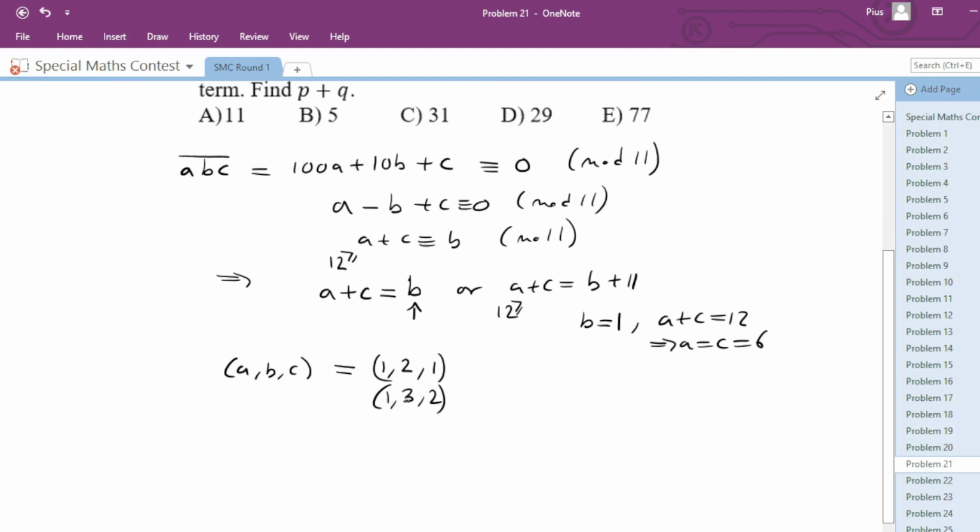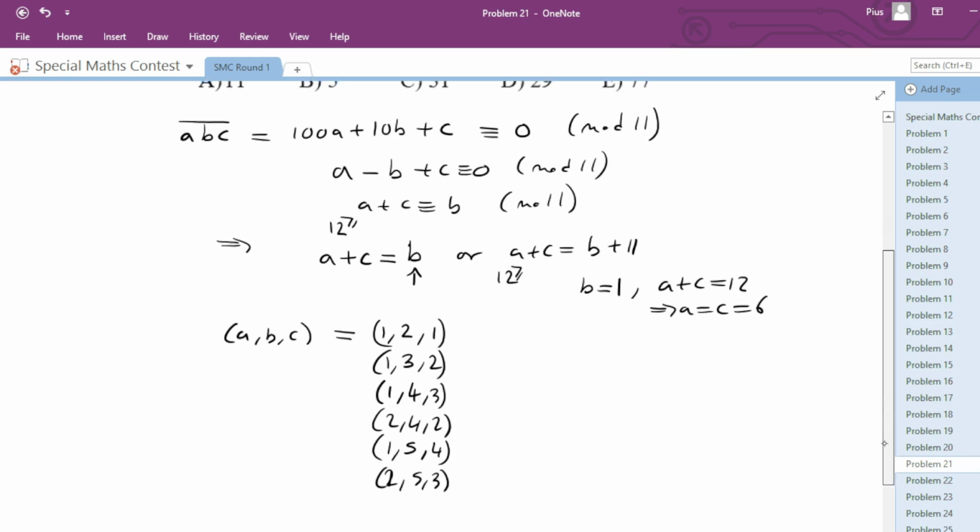Here we see that we can permute A and C and nothing really changes. So I'm just going to consider other scenarios. For 4, we have 1 and 3, or 2 and 2. For 5, we have 1 and 4, or 2 and 3.